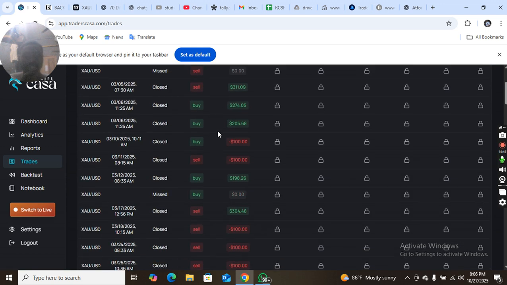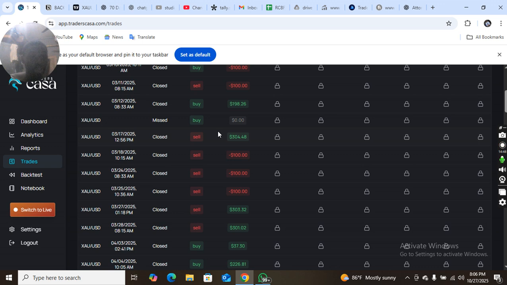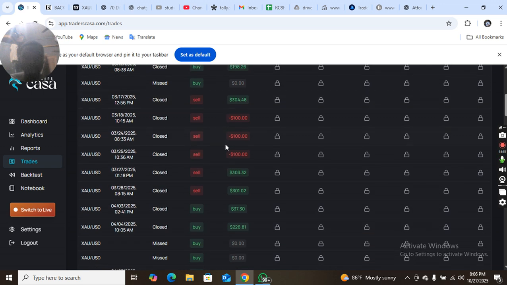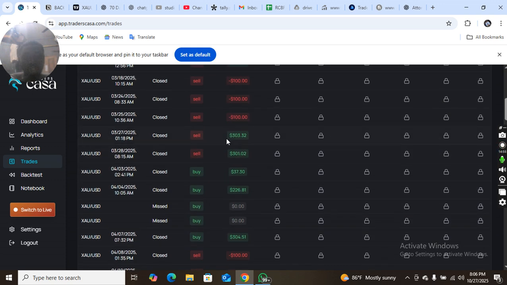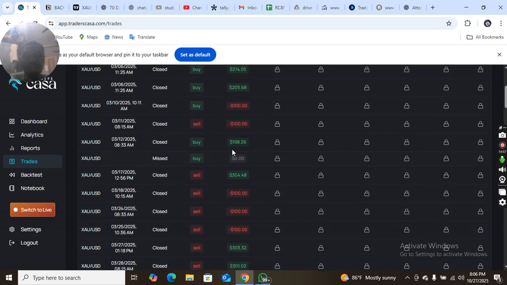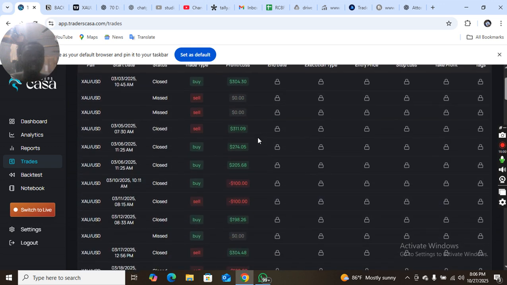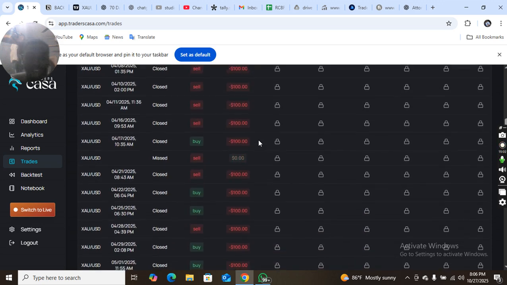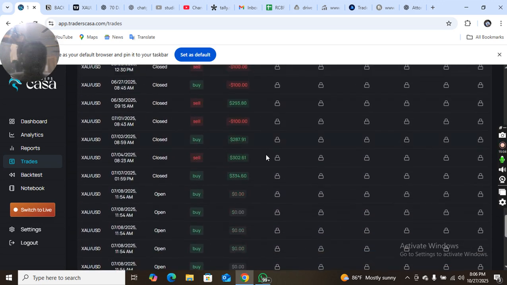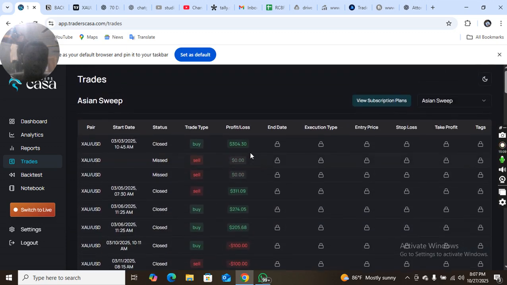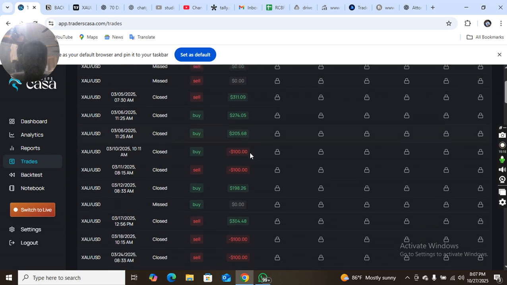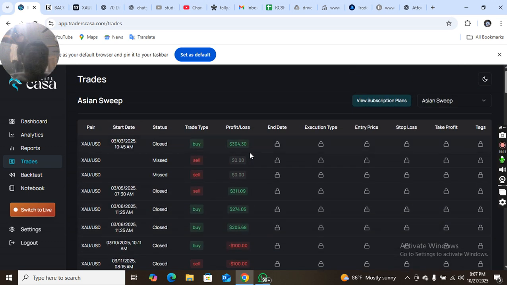All the trades that I took with the strategy, so that we can know the losing streaks and the winning streaks. The consecutive winning streaks in this strategy ranged from about 4 to 5.